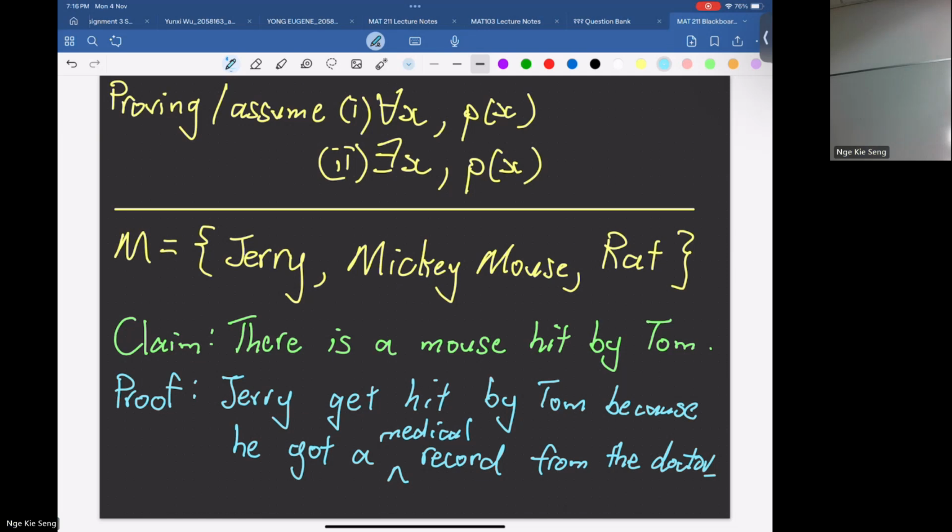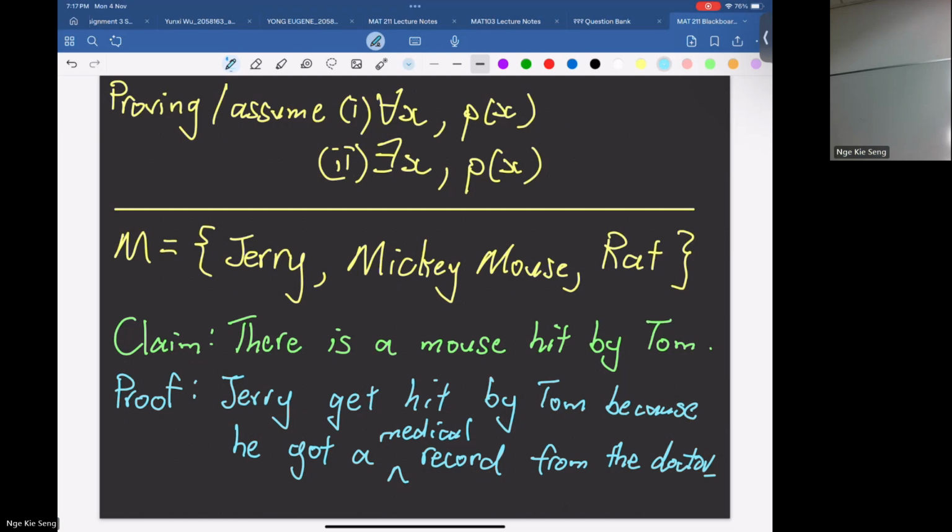If Jerry and Mickey Mouse both get hit, is this claim still true? Why? Good. Okay. As long as one of them gets hit, this statement is already true.